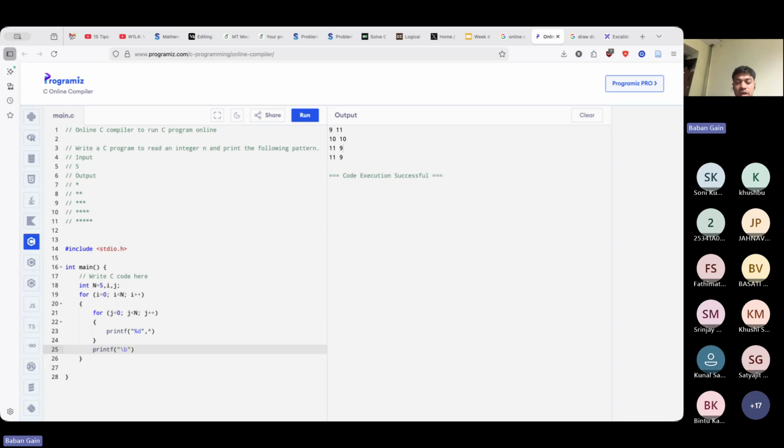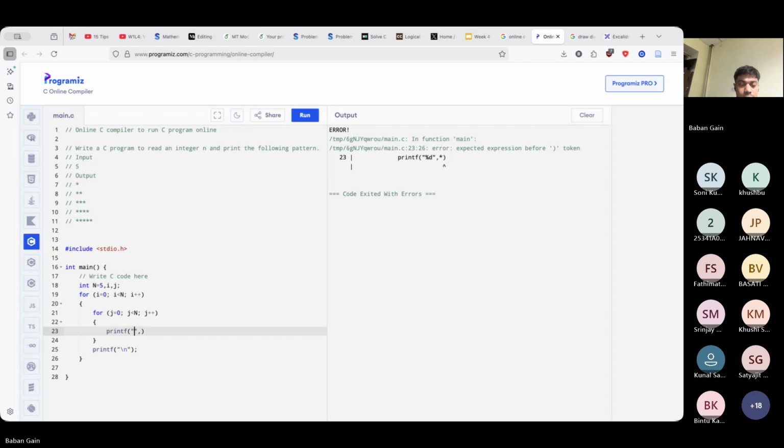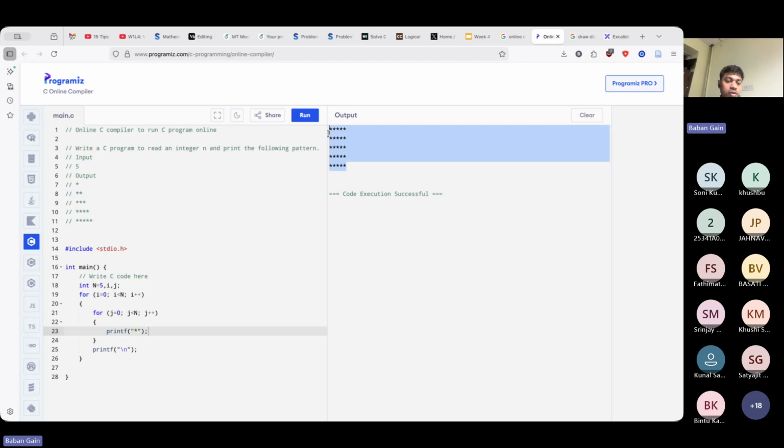As per the current code, it will just create a 5 by 5 matrix. Okay, so currently the pattern is like this, with everything printed here. So what to change inside this so that I can have a pattern like this? At first 1, then 2, then 3, like that.